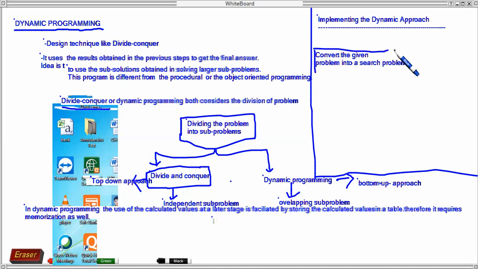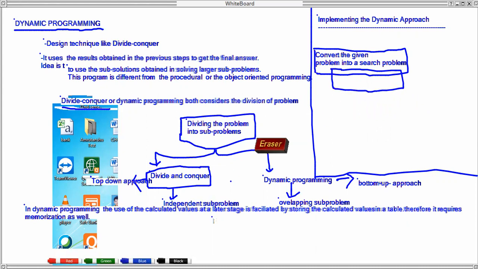This step is called conversion. Conversion is the step we discussed. This method we call conversion.